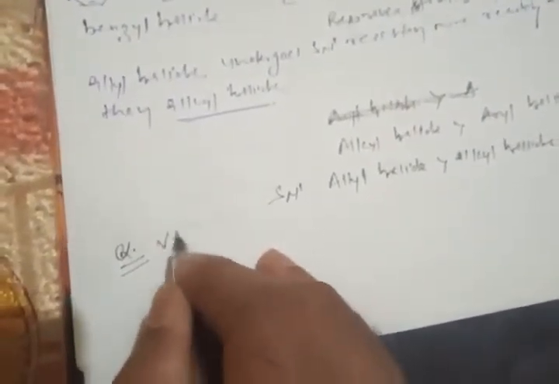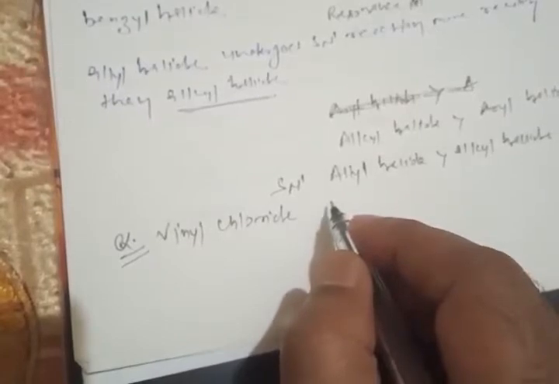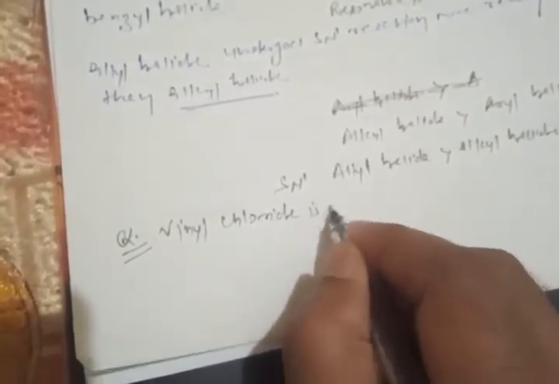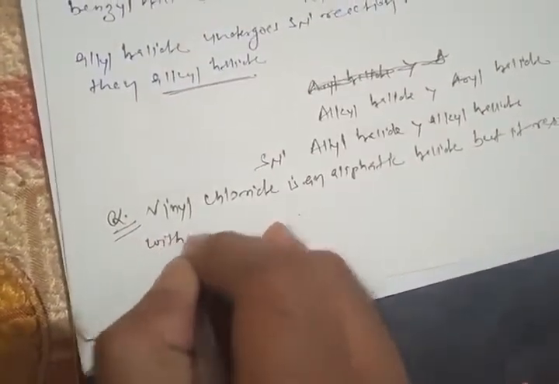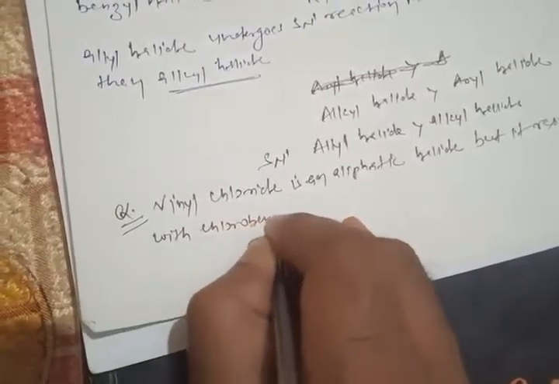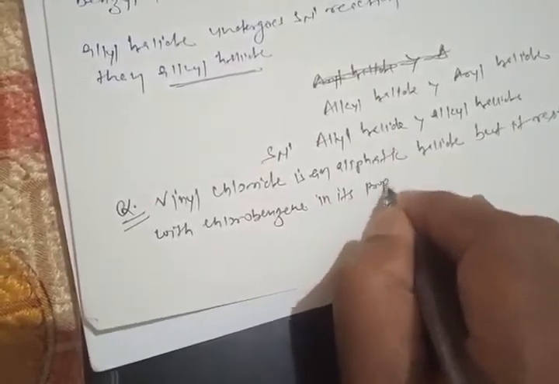Vinyl chloride is an aliphatic halide, but it resembles chlorobenzene in its property.